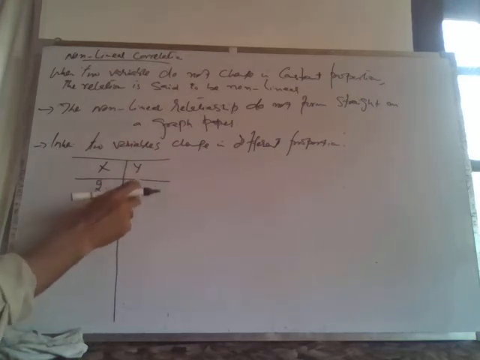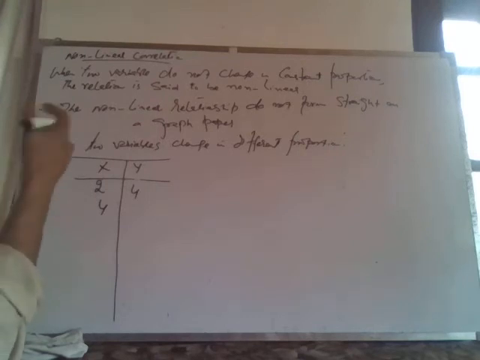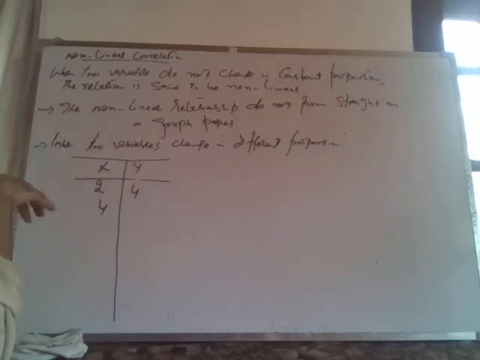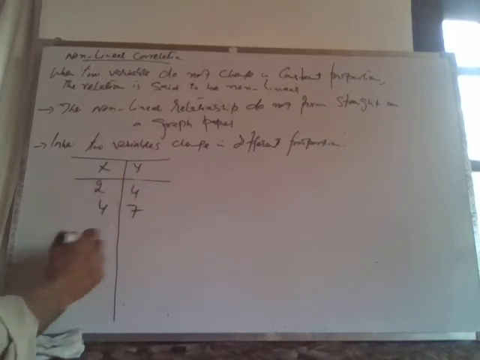So here, this y does not change by equal 50%. It changes by less than 50% or more than 50%. Less than 50% or, for example, it goes to 7. That means there is 75% change in y.